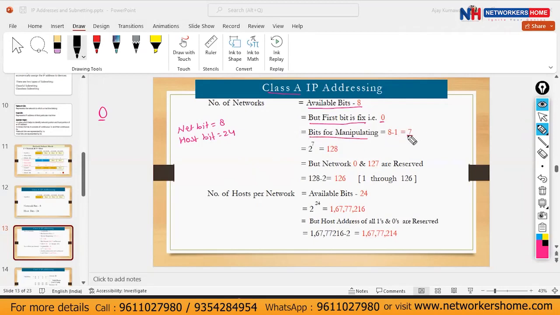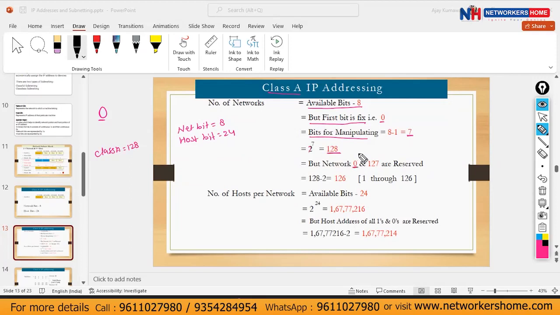So with the help of 7 bits, how many networks can we design? Simply calculate 2 raised to power 7, that is, 2 raised to power network bits. So total will be 128. Means in case of class A, you can design 128 networks. But how many networks can you use?